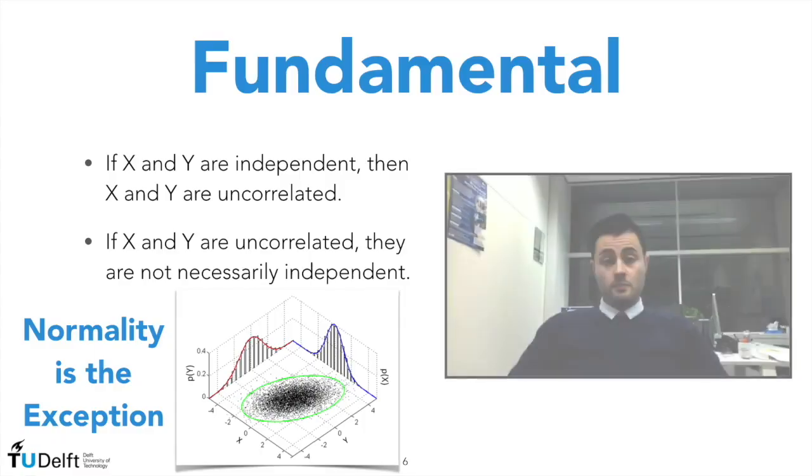Now, there is an important exception, and this is the exception on which we build most of the models of credit risk. So it's a little bit like cheating. And this exception is the exception of normality.